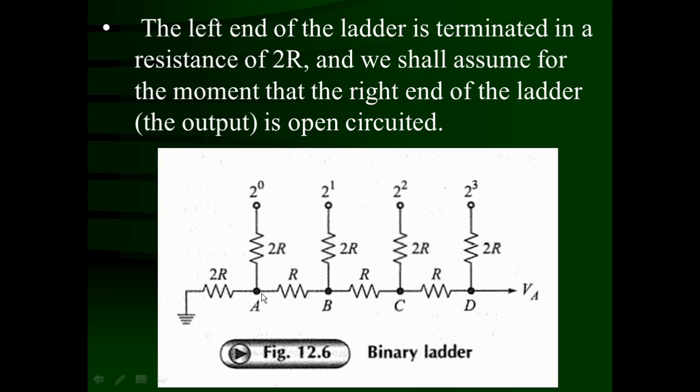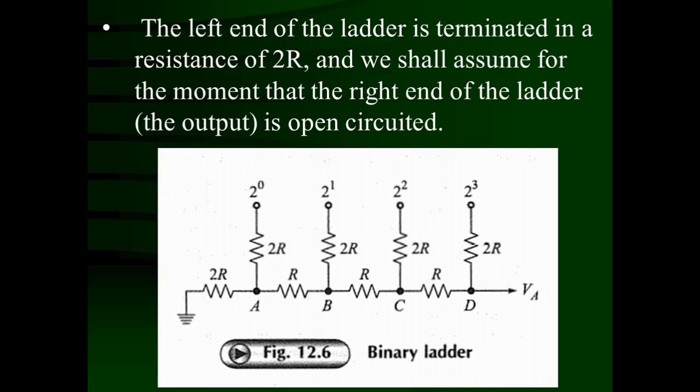So with respect to nodal point A, the terminating resistor is 2R, and from this towards 2 raised to 0, which is also grounded, the resistance is 2R. Both these resistors are equal and parallel with each other. Hence, the equivalent resistance is half of this resistance, that is R only. So you can utilize the formula R1 into R2 upon R1 plus R2.